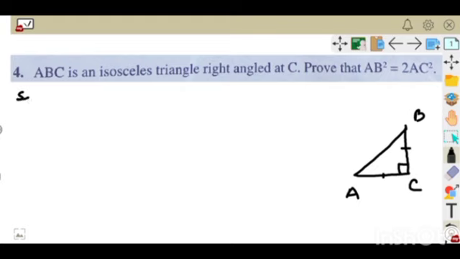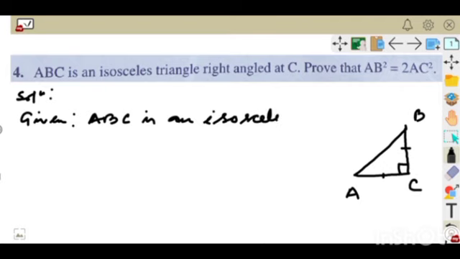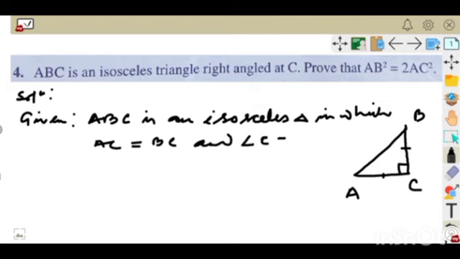First I'll write the solution here. Okay, then given. What I'm going to write in the given, first I'll write ABC is an isosceles triangle in which AC equal to BC, and angle C is 90 degrees.